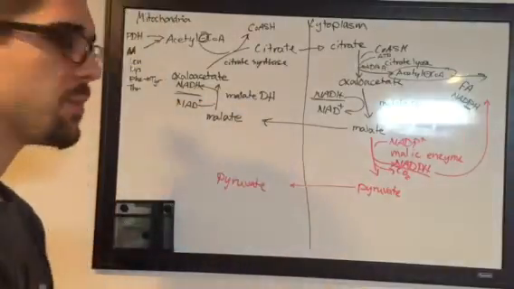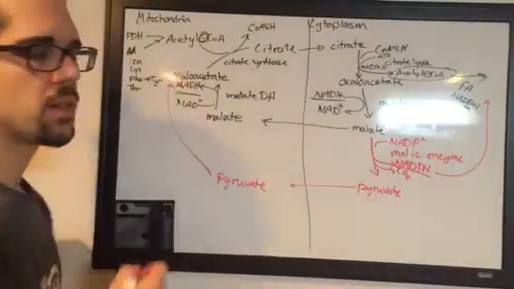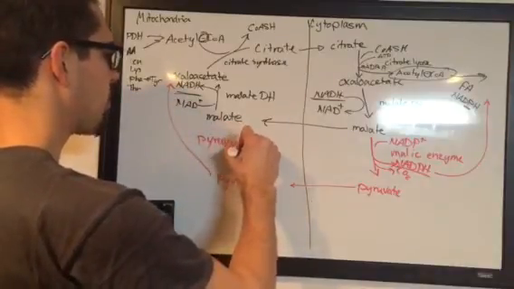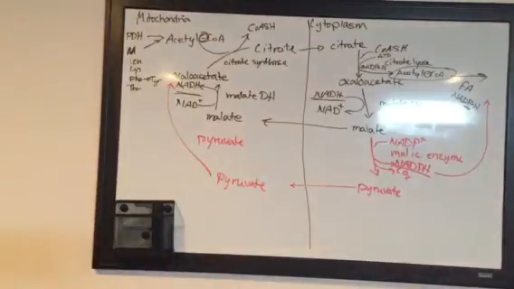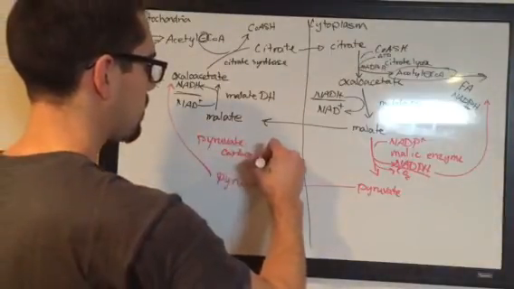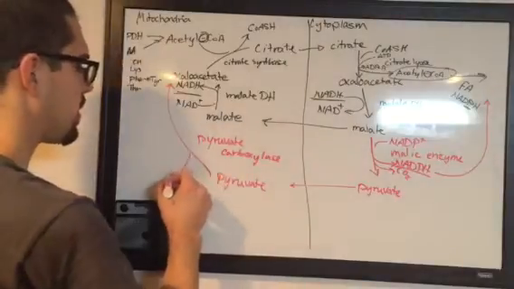And then via the first step of gluconeogenesis, it can be acted on by pyruvate carboxylase, mind you. Let me check and make sure I'm right on that. Yes, by pyruvate carboxylase, which is going to use some carbon.